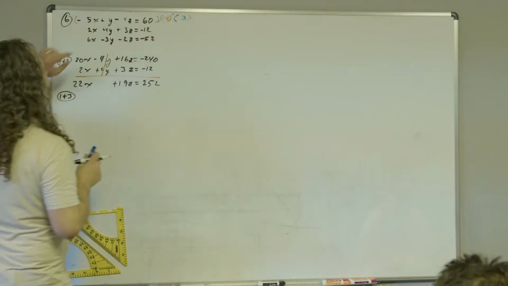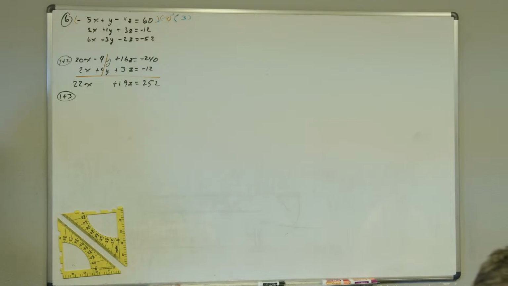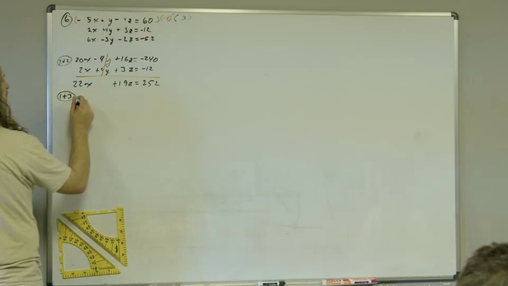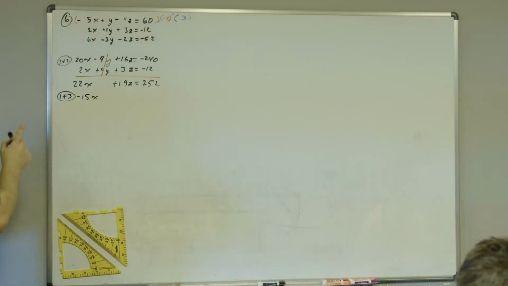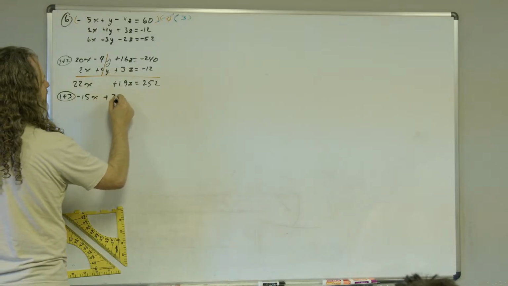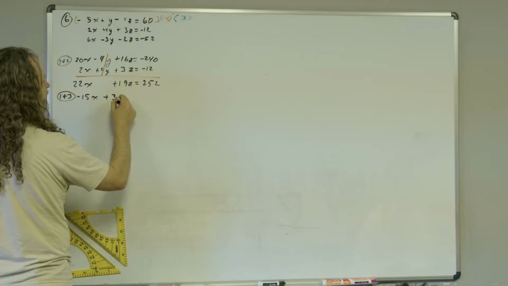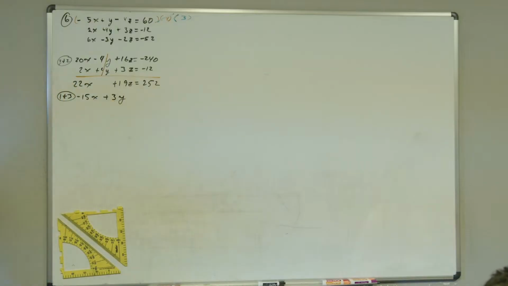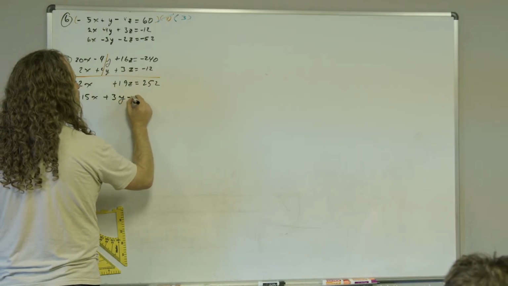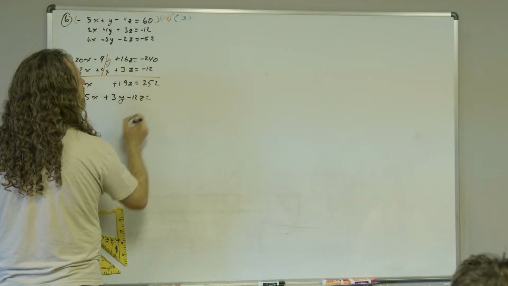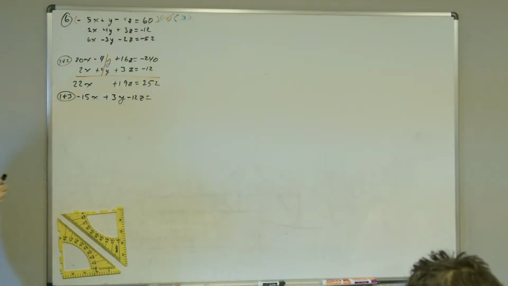Because then it'll be the opposite of this one. So 3 times negative 5x is what? Negative 15x. 3 times y is 3y. 3 times negative 4z is what? Negative 12z. And then 3 times 60 is 180.